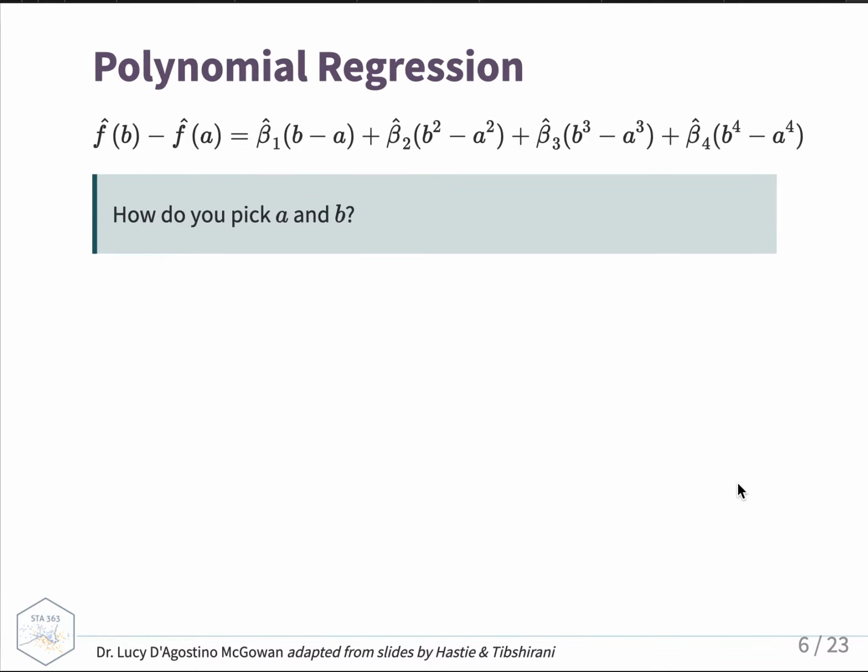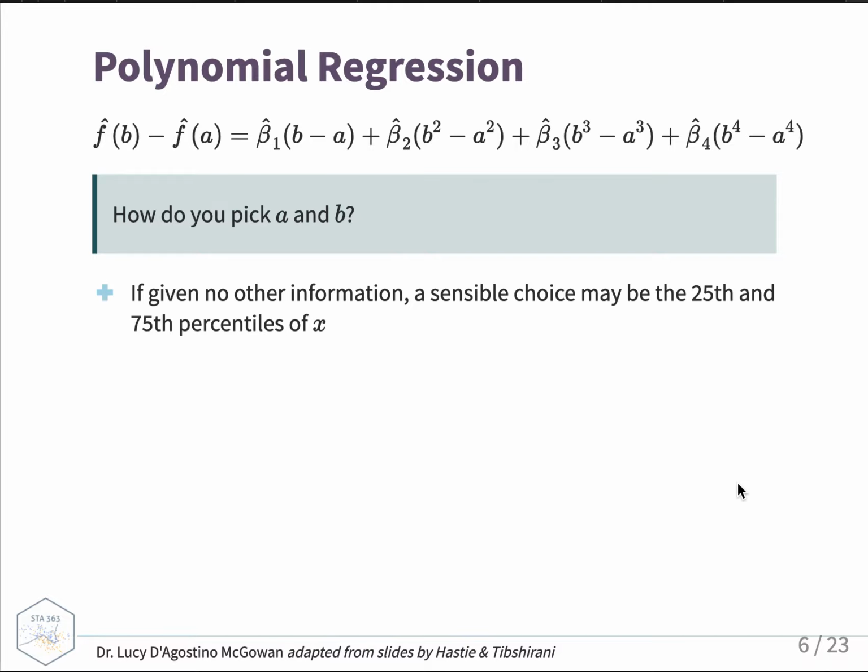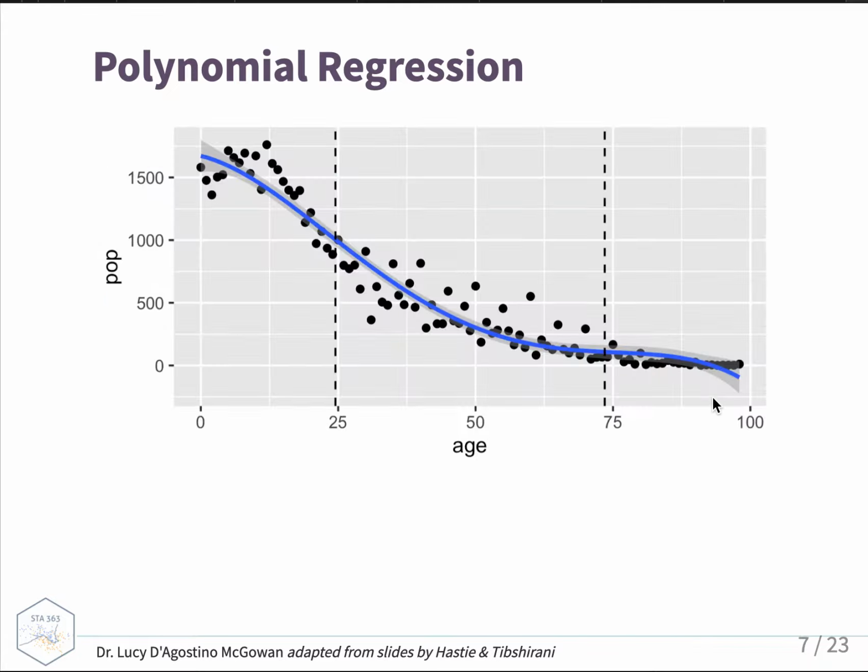So how do you pick a and b? Sometimes there's subject matter expertise, where you're interested in particular values or particular changes in values. Maybe that's the scientific question at hand. But when you're given no other information, a sensible choice might be to choose the 25th and the 75th percentiles of x.